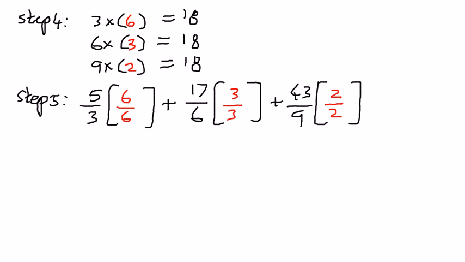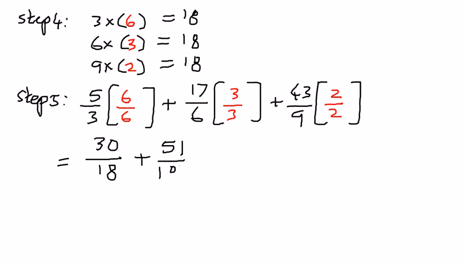And now we are ready to multiply the numerators and multiply the denominators. 5 times 6 is equal to 30, divided by 3 times 6 is equal to 18. The second fraction, 17 times 3 is equal to 51, and then 6 times 3 is equal to 18.